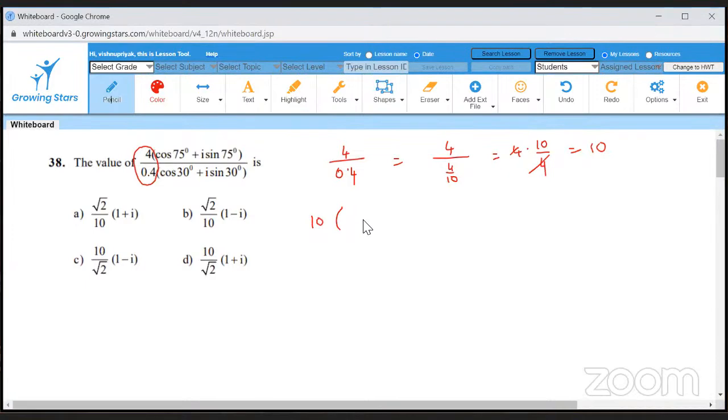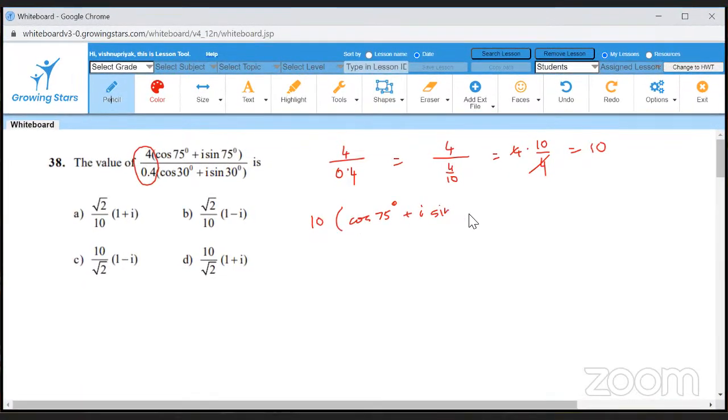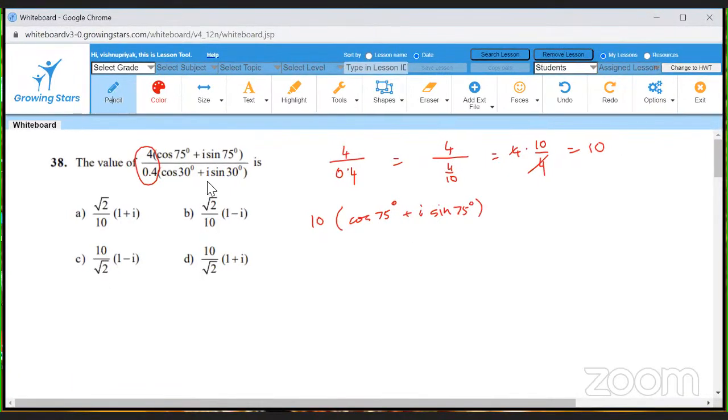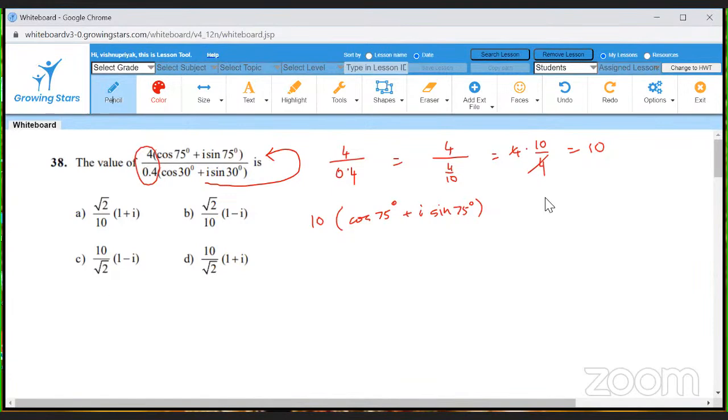And then I have cos 75 degrees plus i sin 75 degrees. If I bring this one up, then it will become cos 30 degrees minus i sine 30 degrees. Plus will become minus if I bring it up. So this formula you must remember.